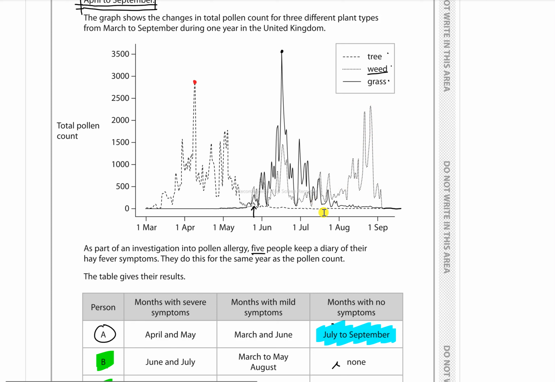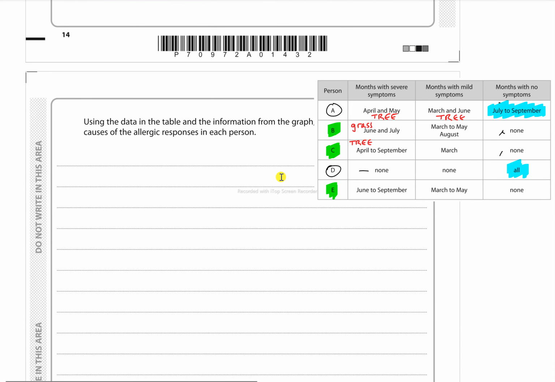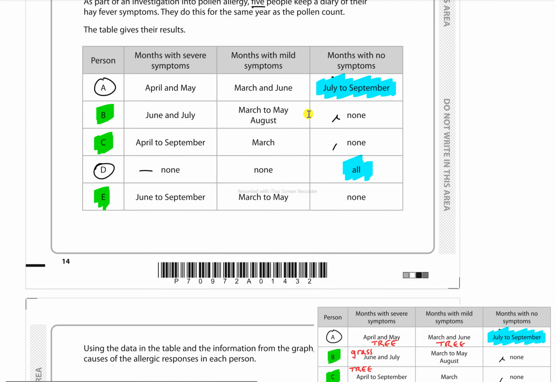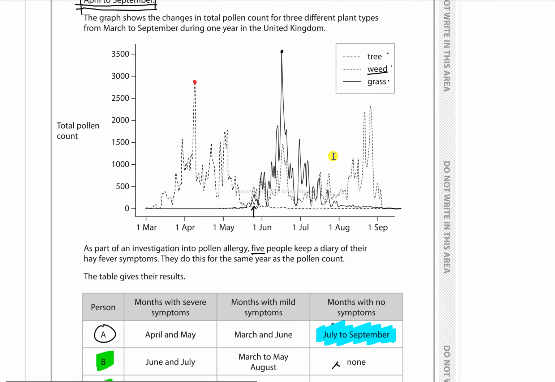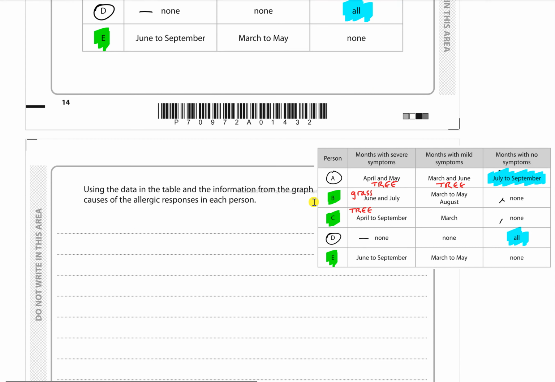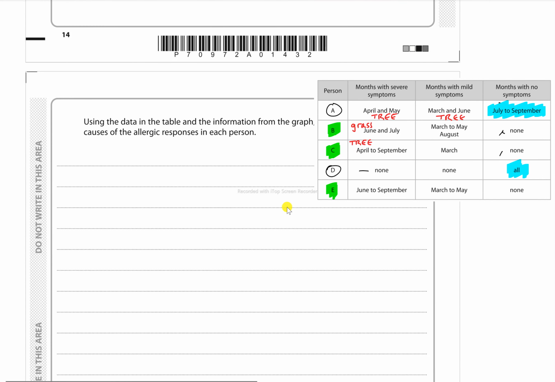So what we'll do is, it does both. March, April, May, June, March, May, August. March, May, August. So it's going to have to be tree and grass.